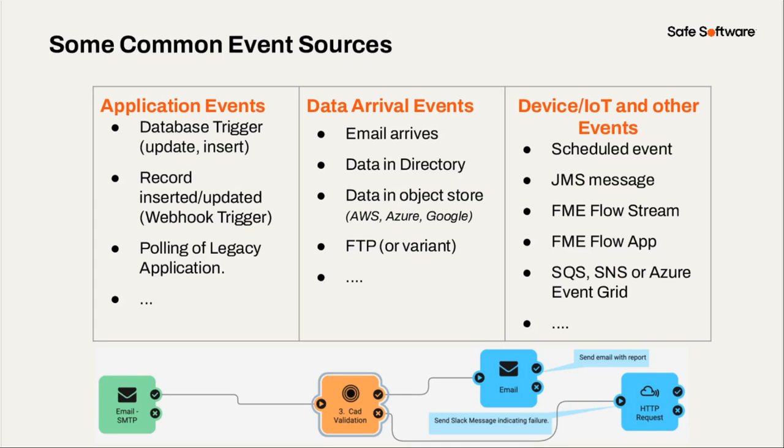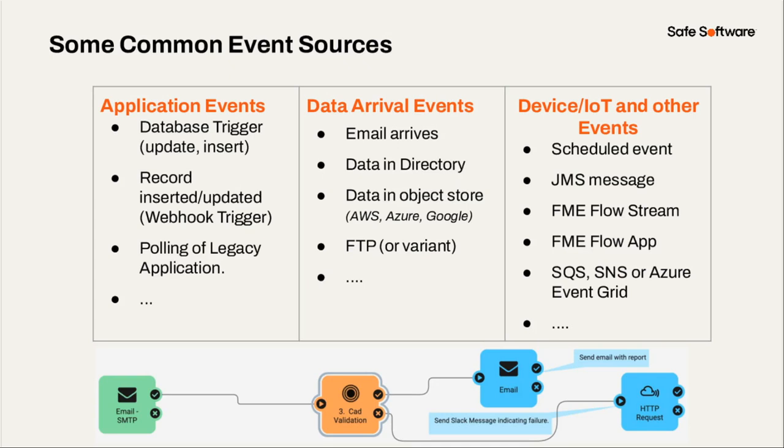And of course, there are some secure variants now, SFTP, and that's still as popular as ever. Many of the FTP sites don't have the ability to post a webhook. So our FTP data arrival event is you specify how often you want to check the FTP. And again, there's many others.